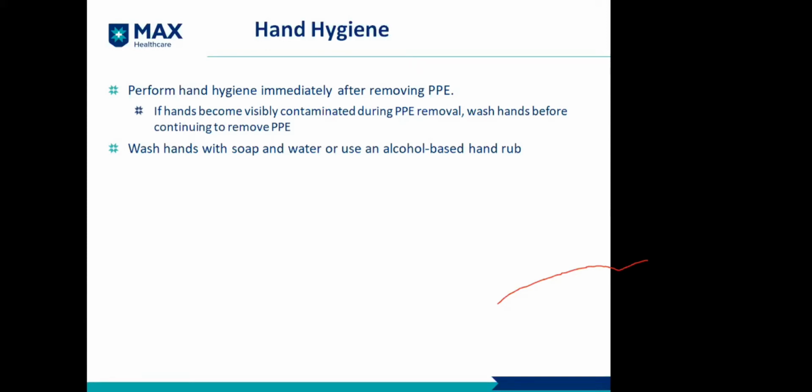That is what is recommended by WHO guidelines also. It takes just 20 to 30 seconds. And after you have doffed fully, you have to wash your hands with soap and water or use an alcohol-based hand rub. This is the recommendation given for doffing.